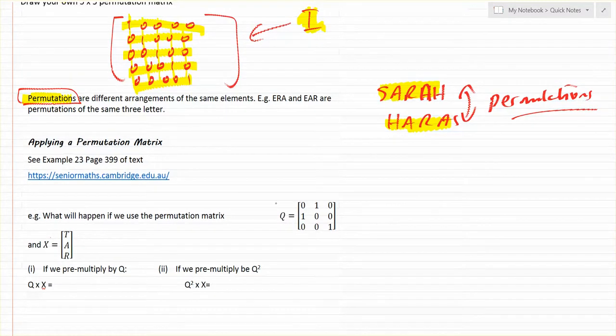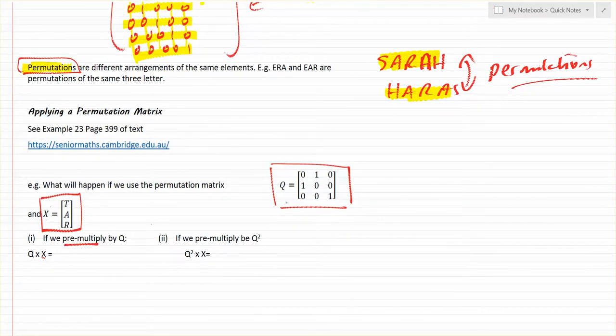If we multiply something by a permutation matrix, let's just say matrix X, where X happens to be a column matrix of three letters, T, A, R, so tar. If we multiply X with Q, Q with X, sorry, we want to pre-multiply.